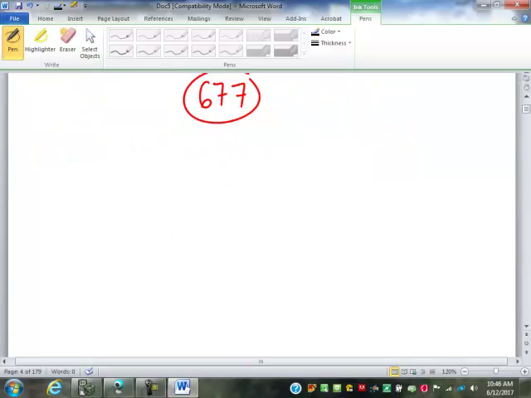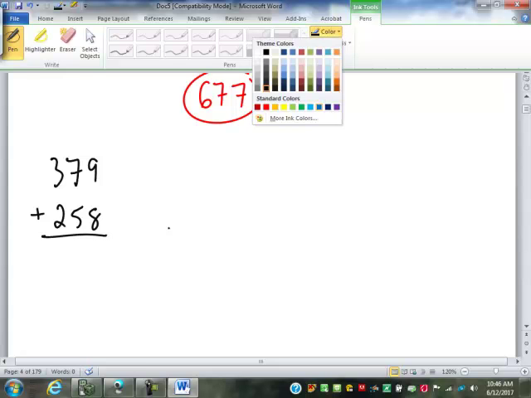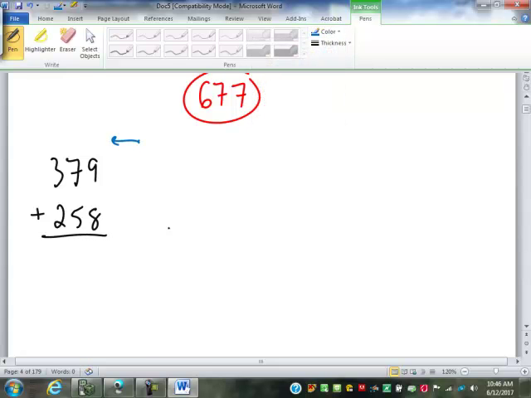If I have a number like 379 plus 258, I start on the right side and work my way back to the left because I have this. 9 plus 8 is 17. Well, I can't have 2 digits in that spot.